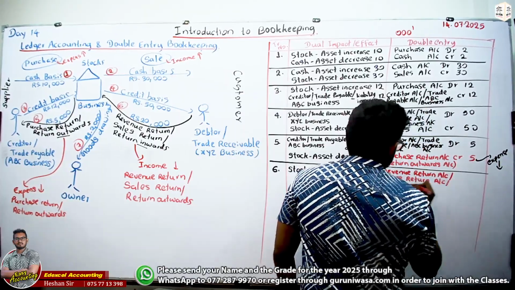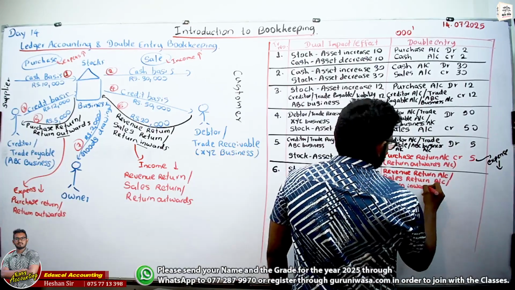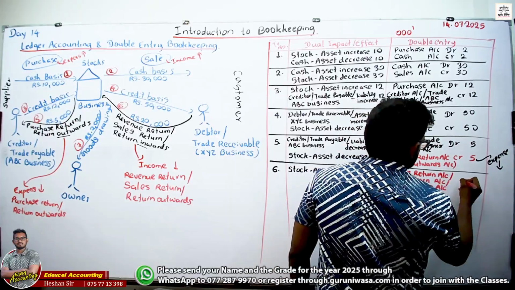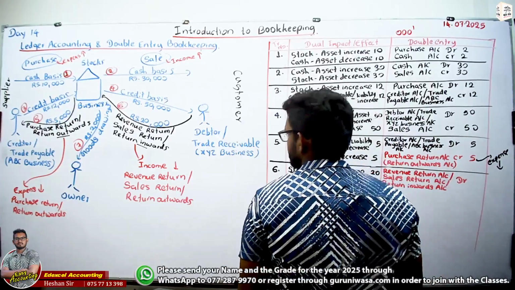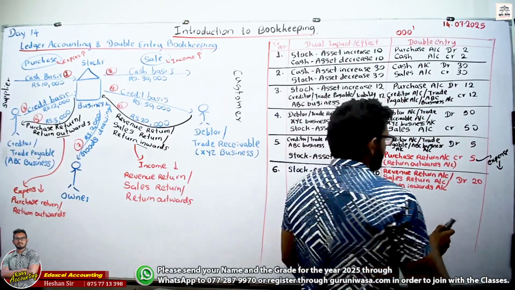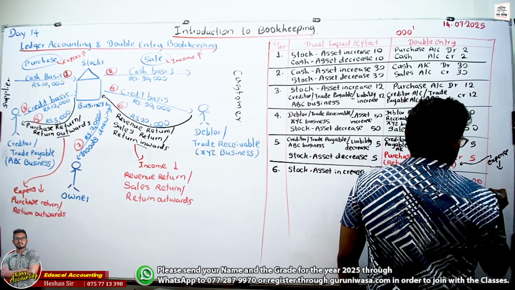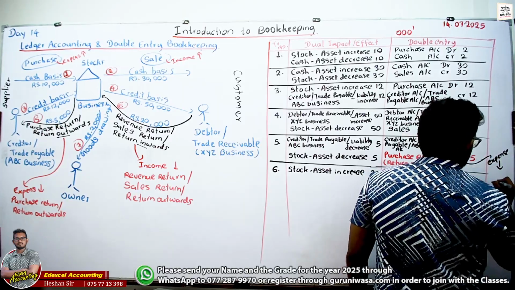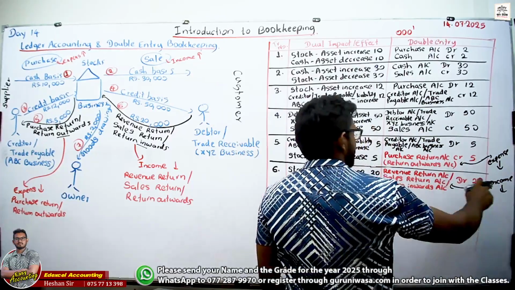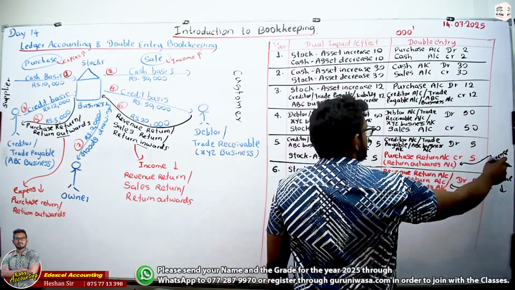In another word, return inwards account, debit by 20,000. If I ask you which kind of an account is this return inwards account, you need to know this is an income account, but income decreases account. Income decrease, it's credit. This is purchase return is an expense account. Expense decrease. When expense decrease, it's credit.